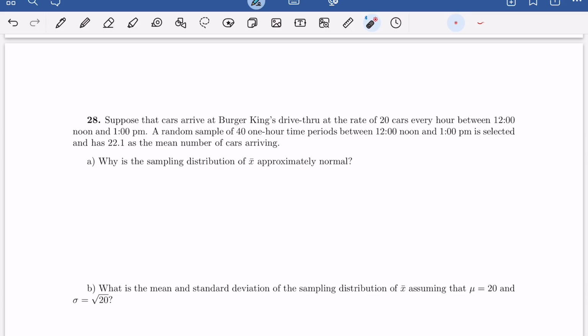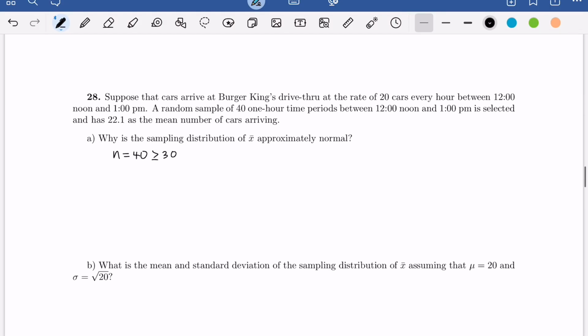So similar to what we saw in the last example, first, notice that our sample size is large. In this case, our sample size is 40, which is greater than or equal to 30. And from the central limit theorem, as the sample size increases, the sampling distribution of the mean becomes more normal. So we'll say that here.